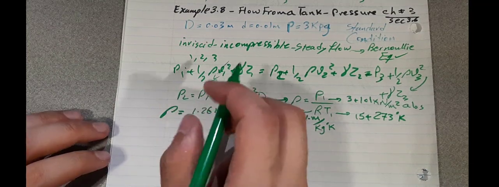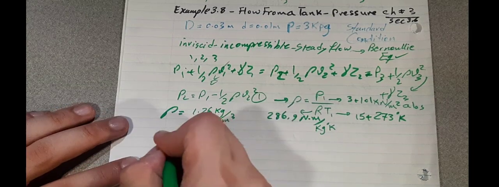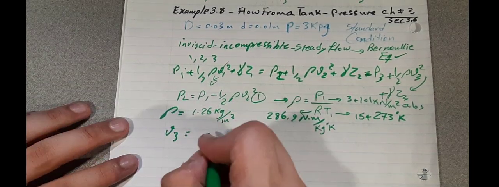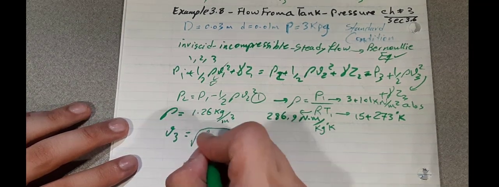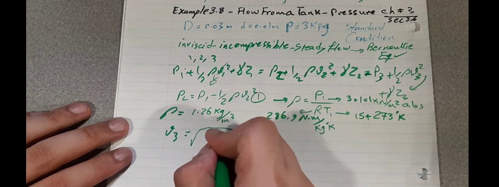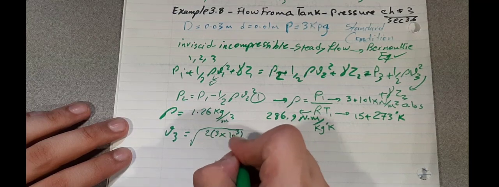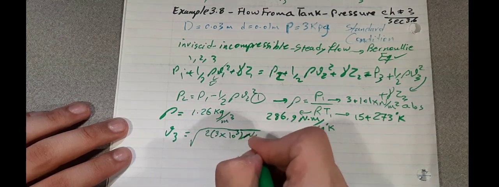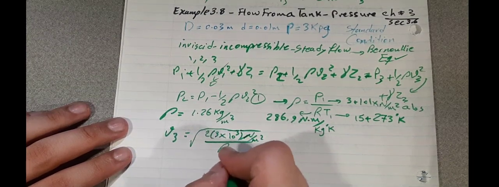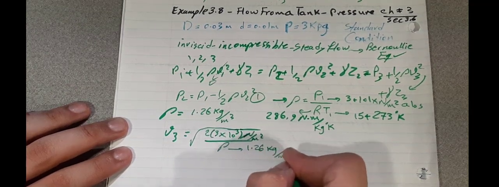Then we can find V3, which is the square root of 2 multiplied by 3 multiplied by 10 to the power 3 newtons per square meter over rho, which is 1.26 kilograms per cubic meter.